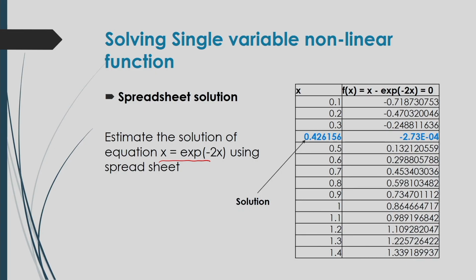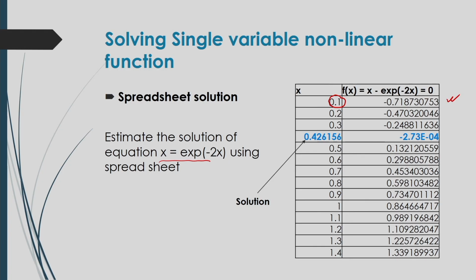So you have to go in that direction, as shown in this slide. If you consider the x value as 0.1, the function f of x is expressed as x minus exponent of minus 2x, equals 0. This is very simple: it is x minus exponent of minus 2x.